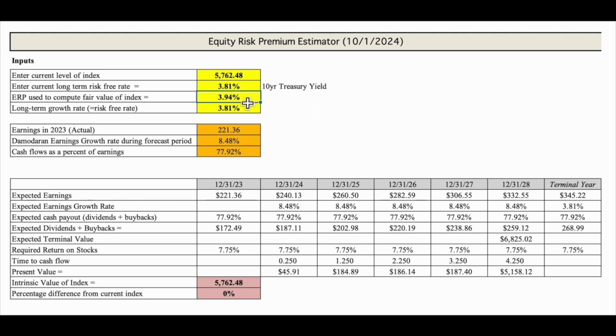Now, what happens if investors change their mind? What happens if they're not willing to accept 3.94%? If they require a bigger premium for holding stocks? For instance, Professor Damodaran has calculated this equity risk premium every month since January 2008.